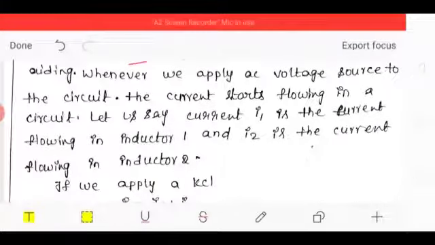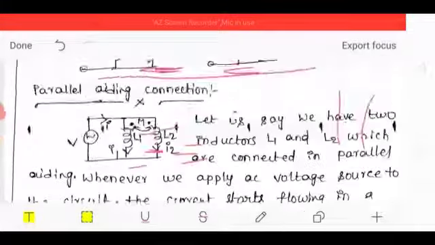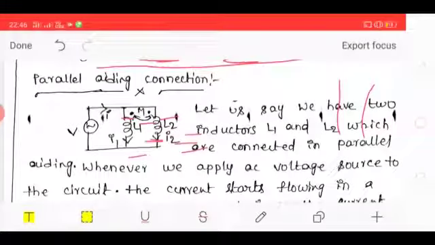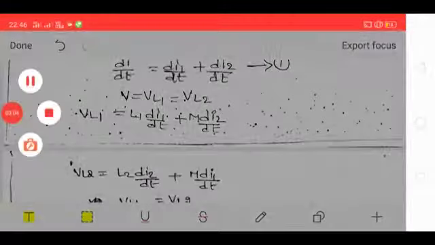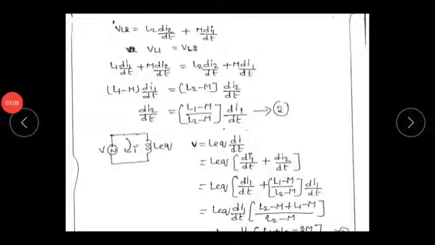So finally we can write VL1 equals L1 into di1 by dt plus M into di2 by dt. Similarly, the voltage across the second coil VL2 equals L2 into di2 by dt plus M into di1 by dt.